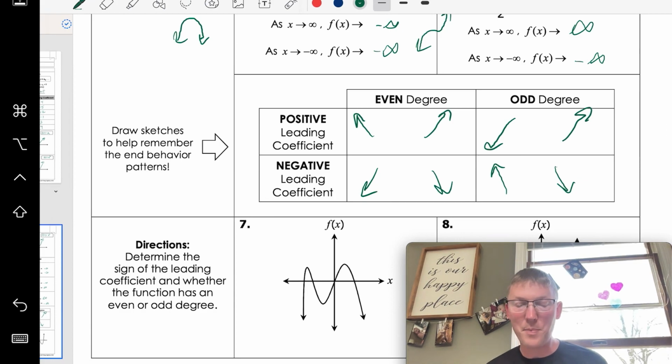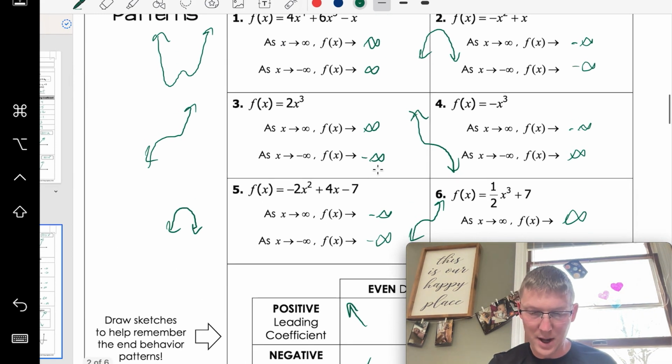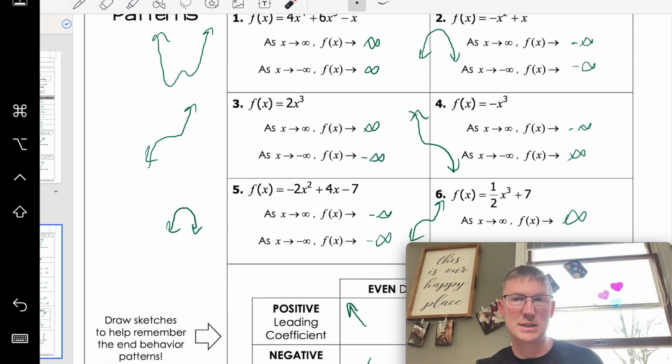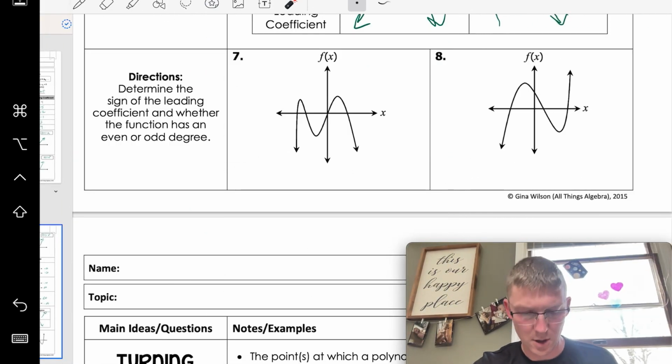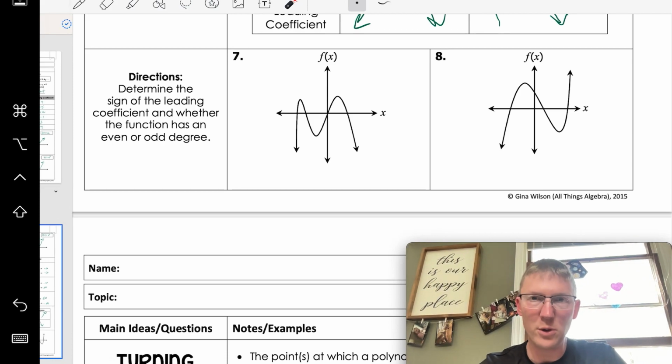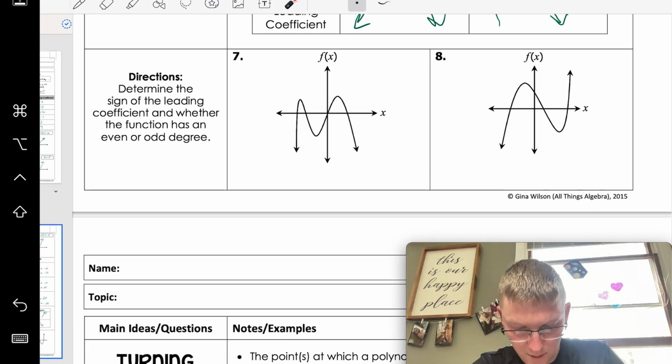With that pattern, we can start to figure out things about some of these more complicated polynomials, like all this stuff up here. Number 7 says determine the sign of the leading coefficient and whether the function has an even or an odd degree.